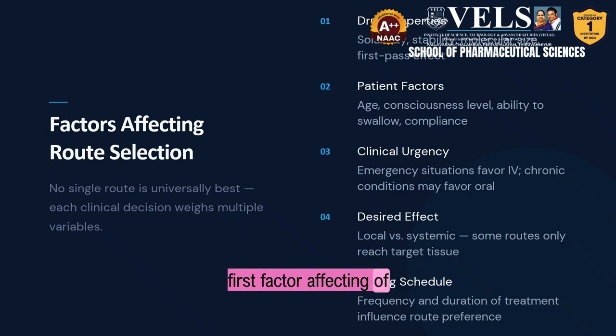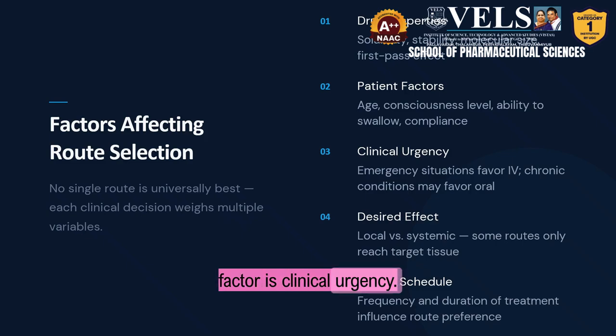The first factor affecting route selection is drug properties: solubility, stability, molecular size and first pass effect. The next factor is patient factors: age, consciousness, ability to swallow and compliance.